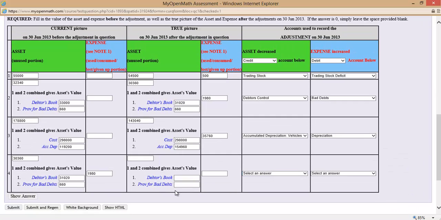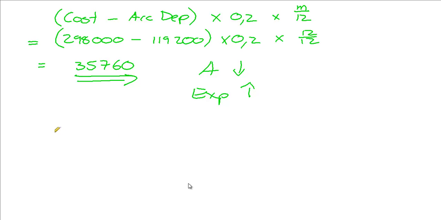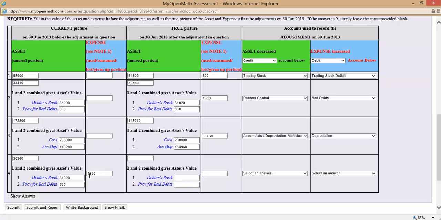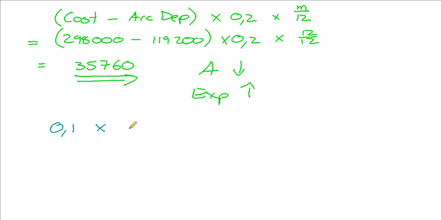So my provision for bad debts is going to be, let's quickly go to my calculation, 0,1 times the debtors book, which in this example is now 31,020, and that is going to be 3102, and that is what my provision for bad debts balance should be.